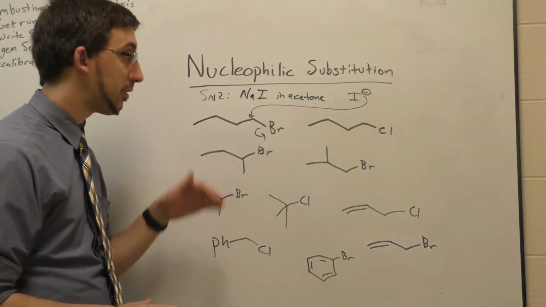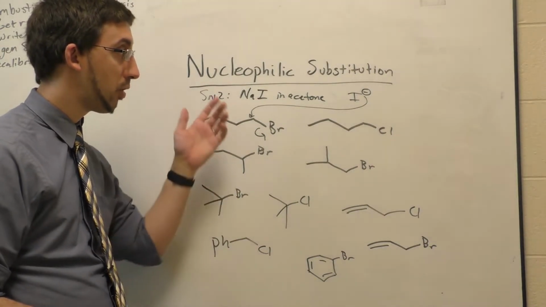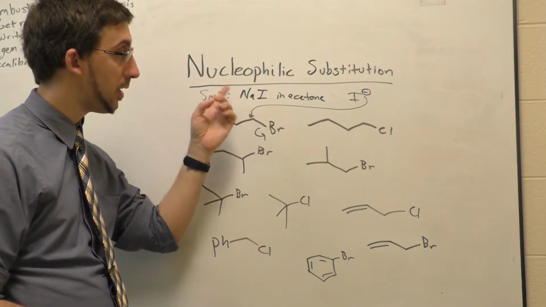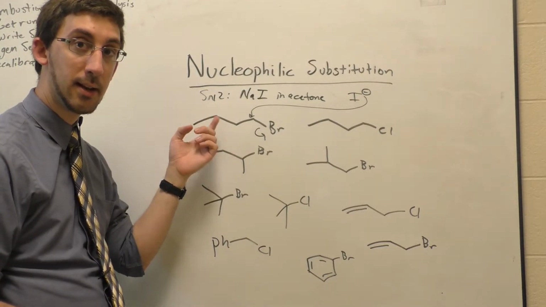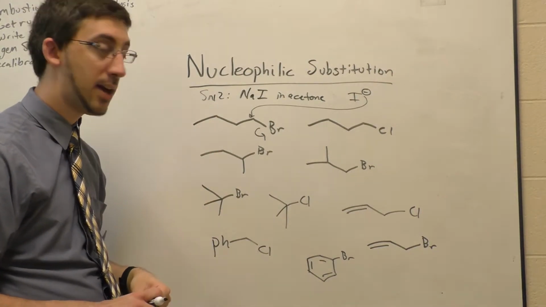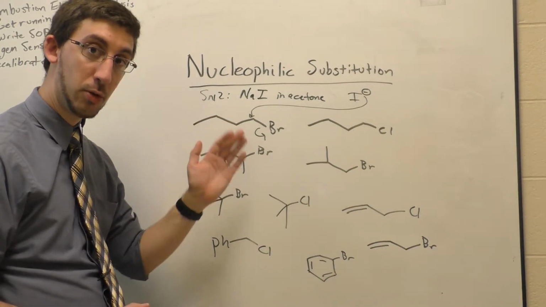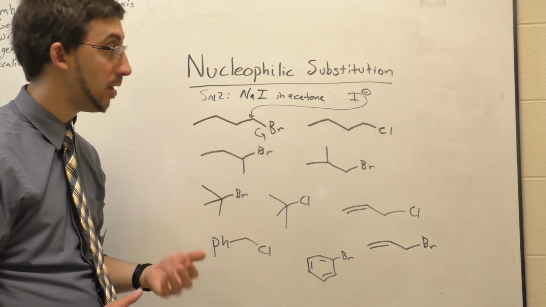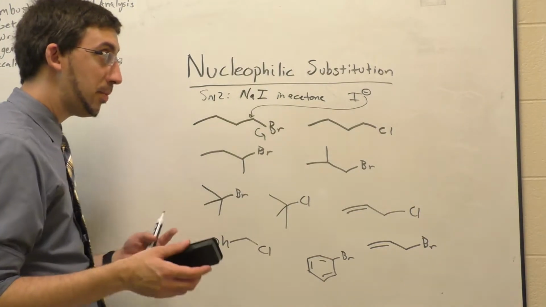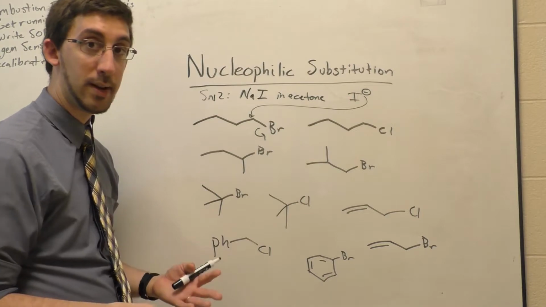And so we'll analyze all 10 of these substrates using sodium iodide and acetone as the nucleophile, and then we'll add our substrates into that in a test tube, one at a time, in separate test tubes, and we'll look for a reaction response.